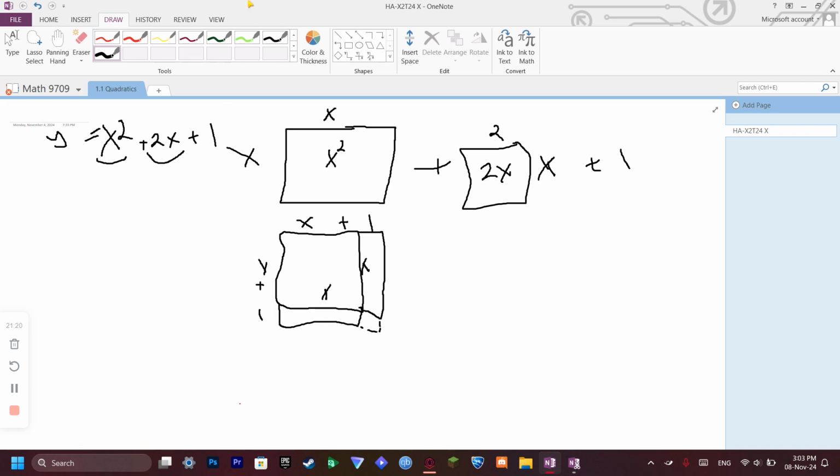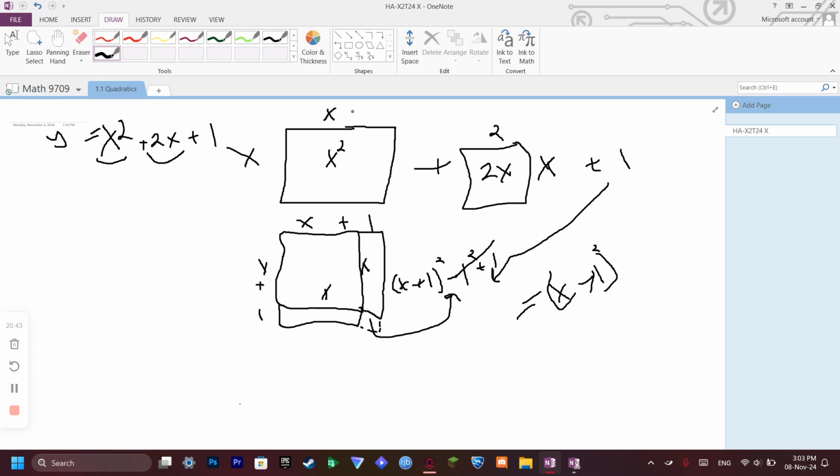Now this part is going to be 1 times 1, which is 1 squared, which is 1. So what we can say is the total area is the area of the square minus this area, so minus 1 squared. And then you're just going to add back the constant, and these two cancel out and you get x plus 1 squared. So that's why it works.